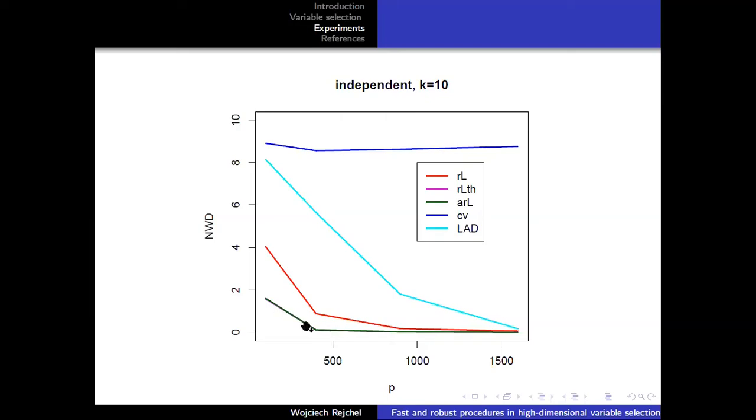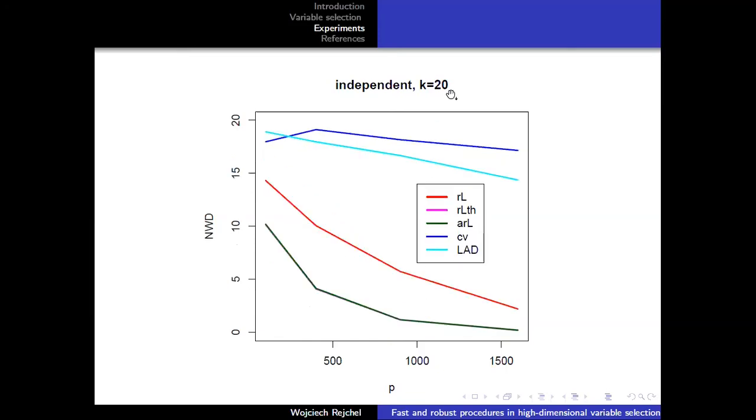There are two lines here, however, they are very similar, so we can see only one of them. And if we take 20 relevant predictors, then it becomes like that. So again, modifications of rank Lasso are better than rank Lasso and better than Lasso.